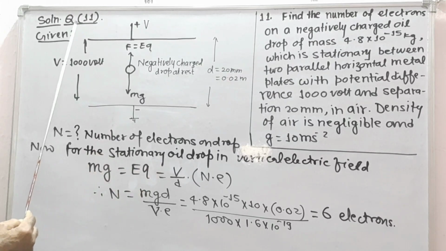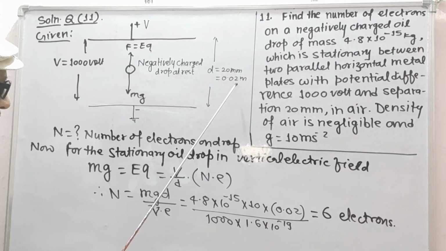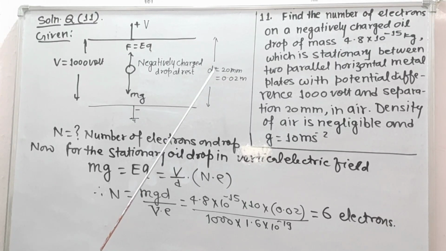Here is the solution. These are two parallel horizontal metal plates having potential difference V equal to 1000 volt, and separation between them is 20 millimeter, which is 20 upon 1000 meter, equal to 0.02 meter.